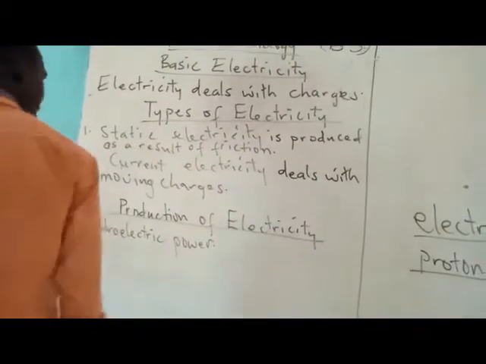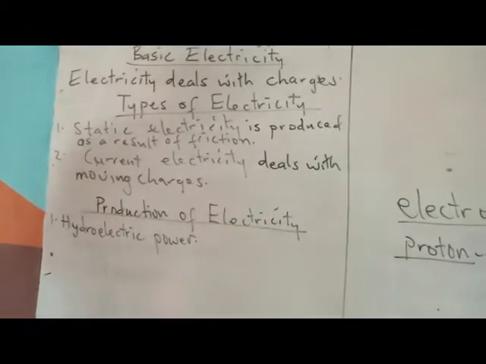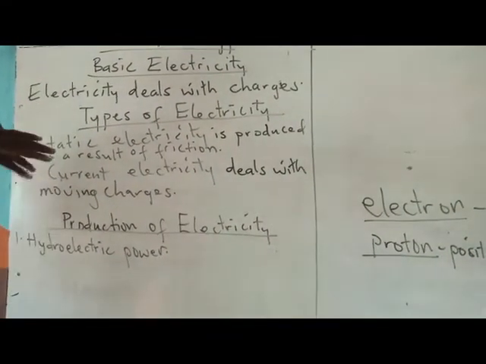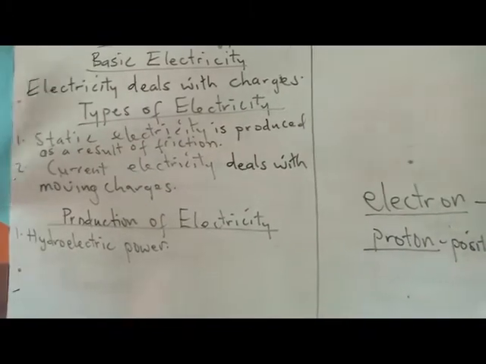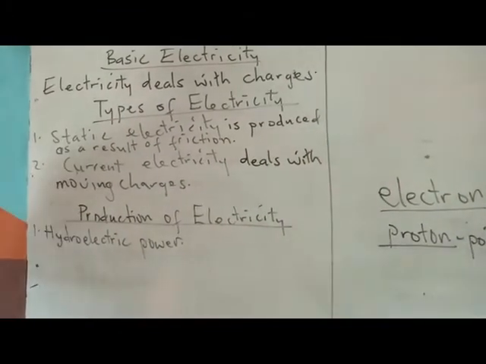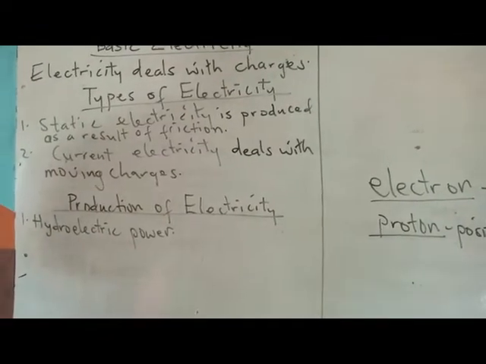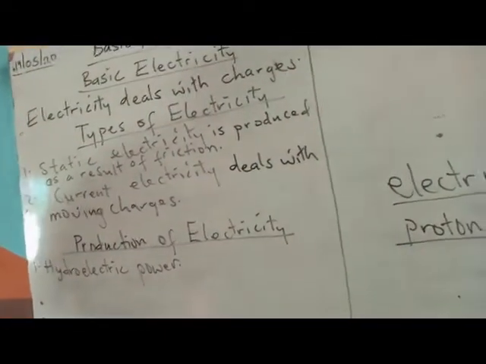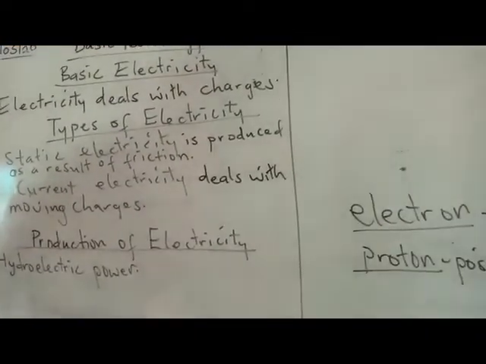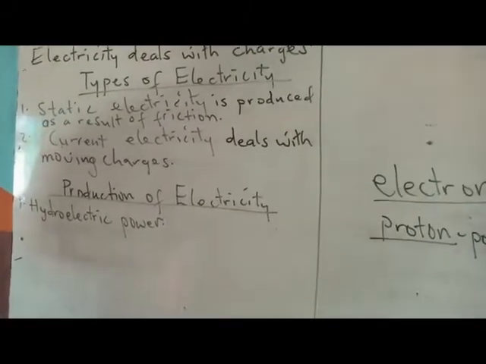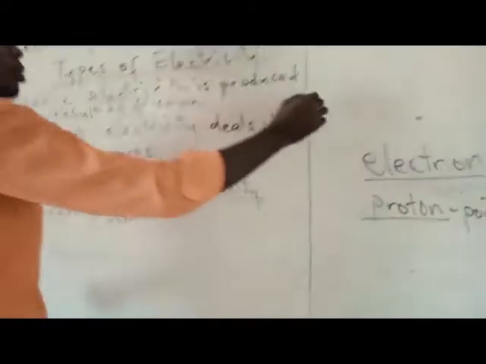Now what happens in hydroelectric power? Usually there is what is called a dam. A dam is like a reservoir where water is trapped. As water flows through the reservoir, the force at which this water flows is used by what we call a turbine. This is the word turbine.